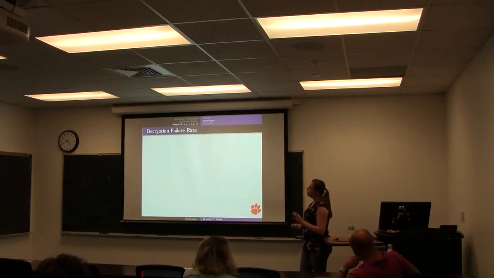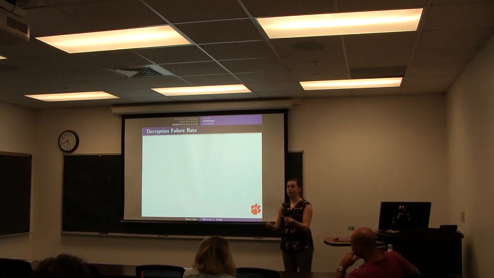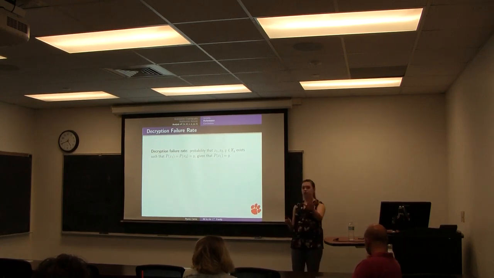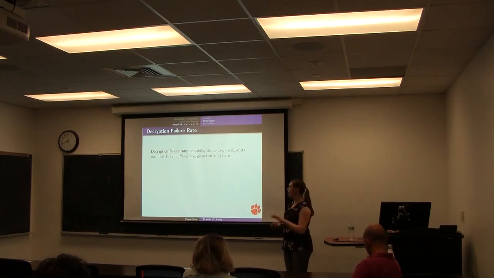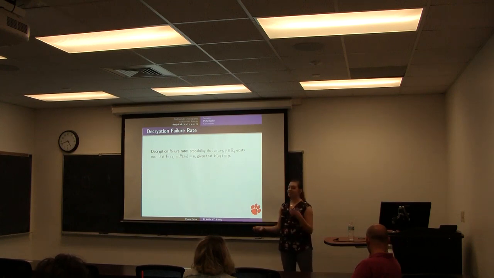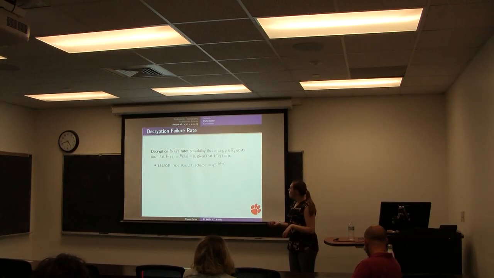Another thing we have to pay attention to, specifically with an encryption scheme, is decryption failure rate. That's the probability that x1, x2, and y exist such that the output of x1 and x2 are both y. The way we computed the decryption failure rate was we used a simplifying heuristic and said, let's pretend it's a random function, and then we used Bernoulli trials.